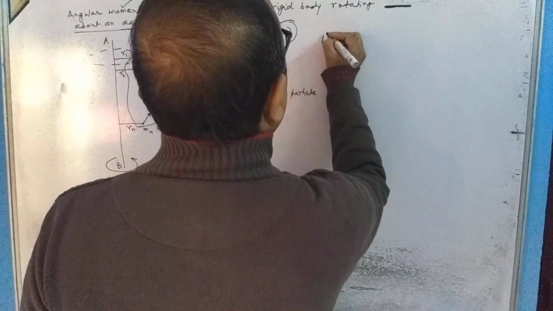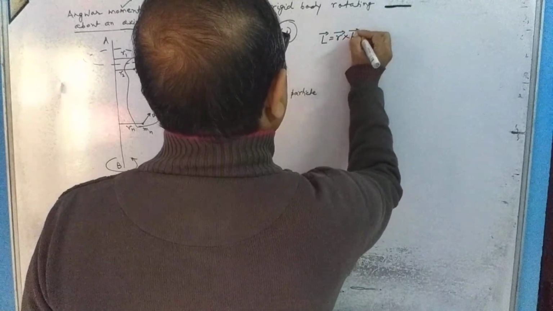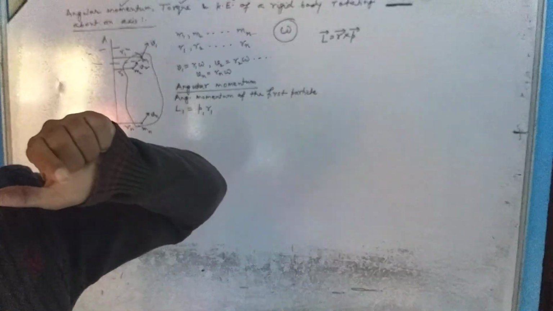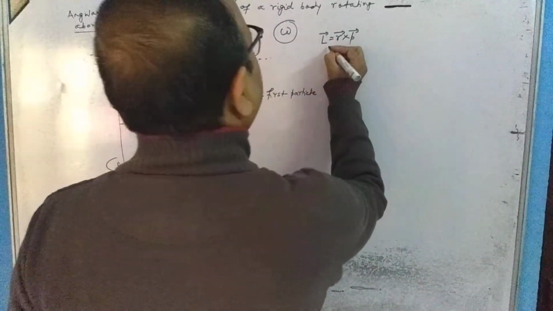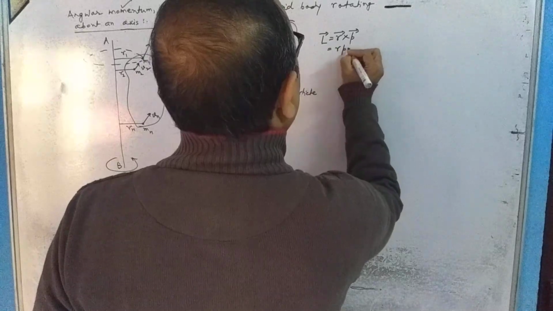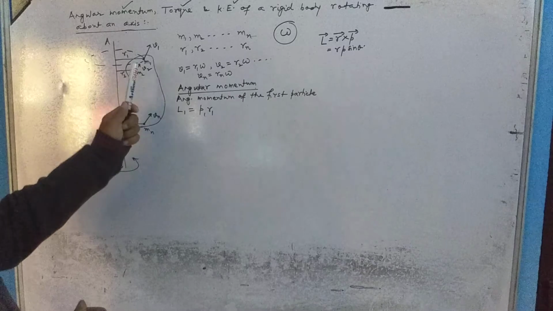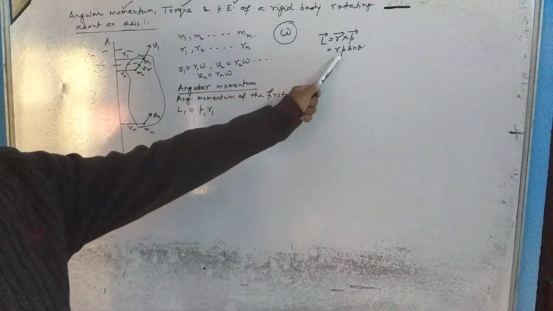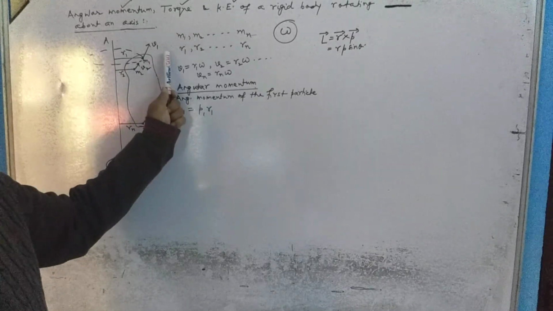I hope you all remember in our last class, it is for a reminder. L vector is equal to R cross P. Then R into P into sine theta. Okay? Here P is what? Linear momentum. P will be in the direction of the velocity.